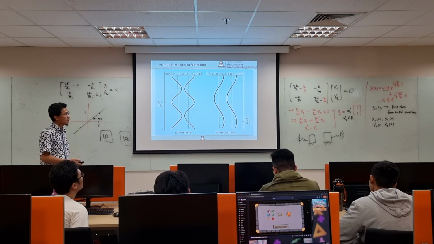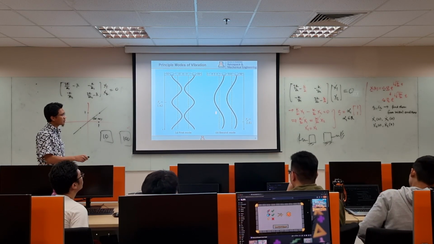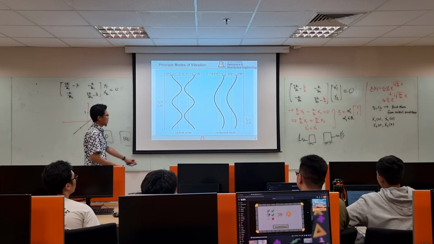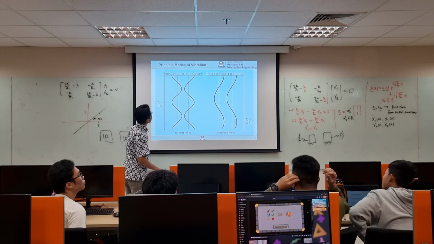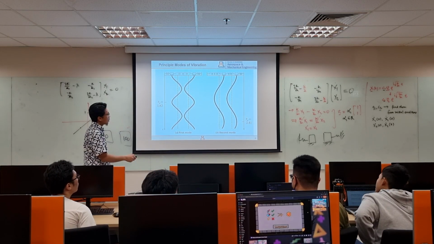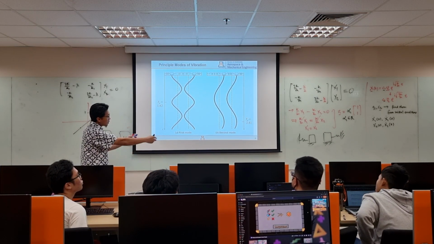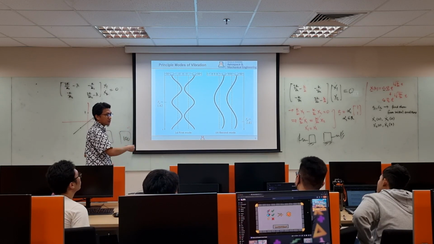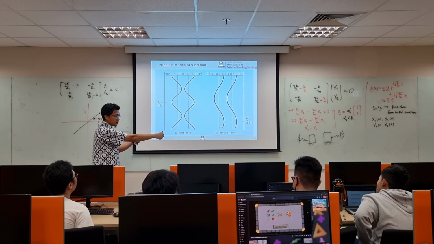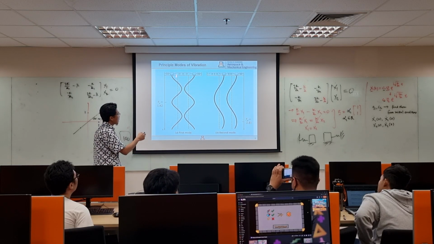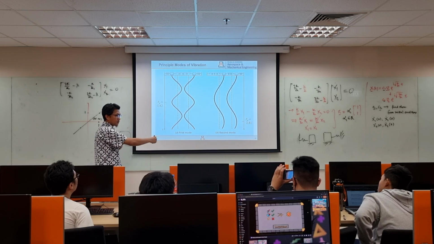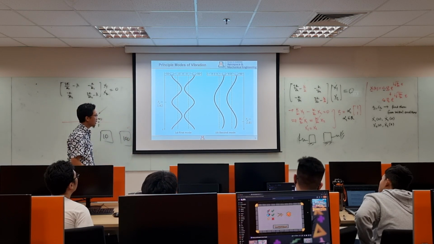This is just a visualization for the first mode. Sorry, this is wrong. For the first mode, they move in the same direction. Yes, this is the first mode, same direction moving. And this is the second mode, different direction moving, same magnitude.